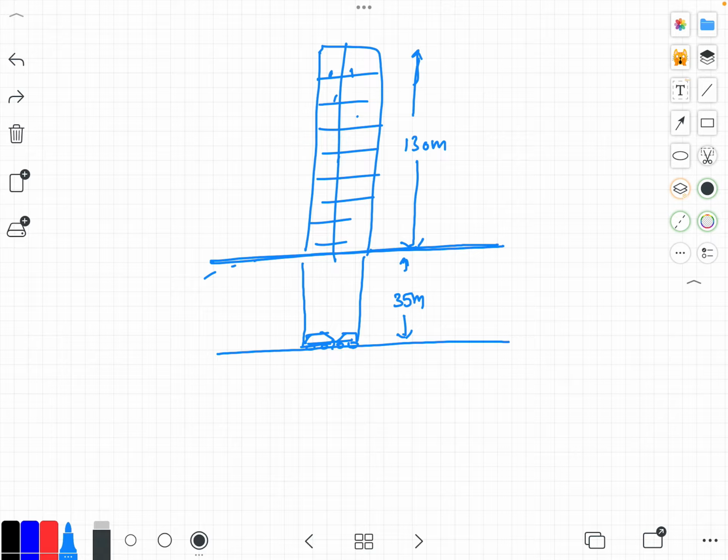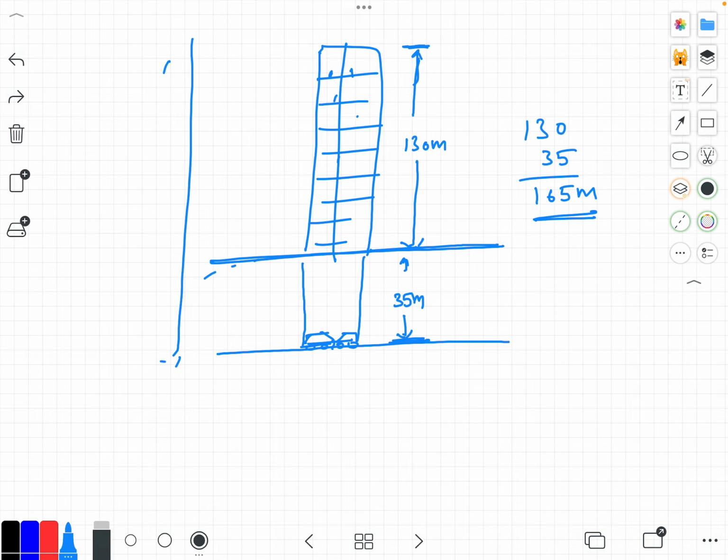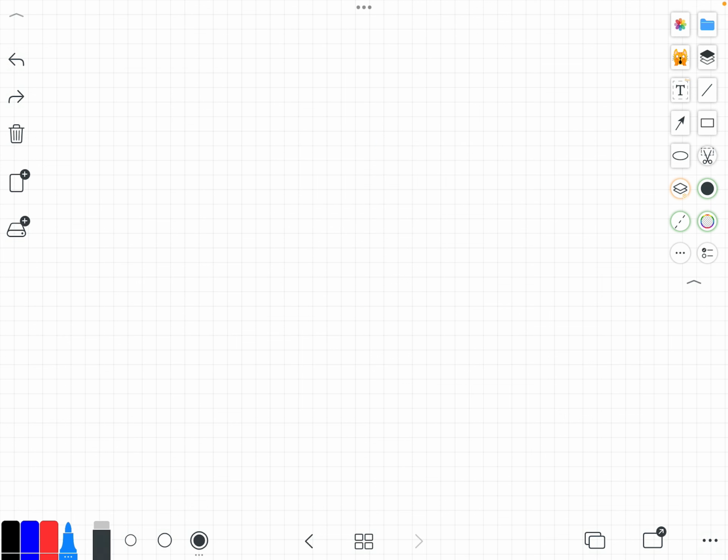So if we are saying roof above the car park from here to here, so 130 plus 35 would be 165 meters. So the roof above the car park would be this total height, that is 165 meters.